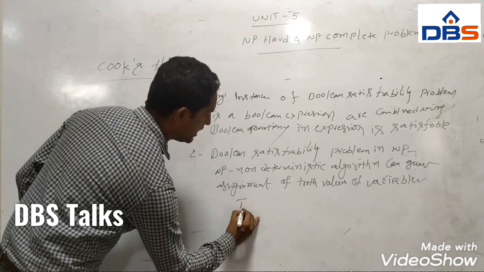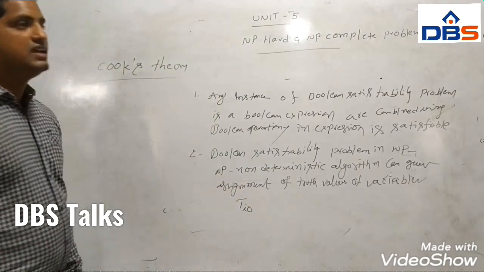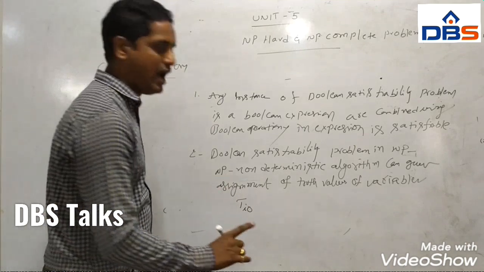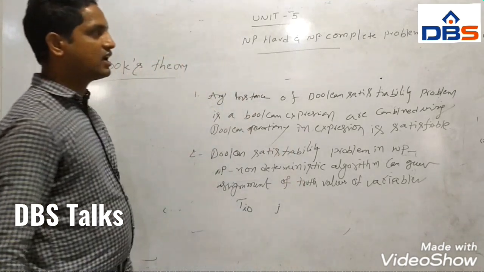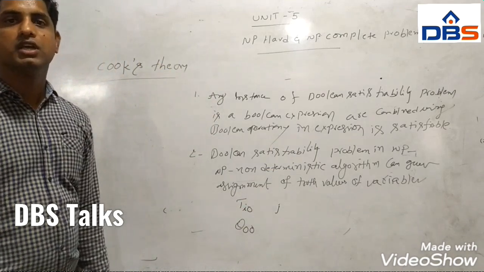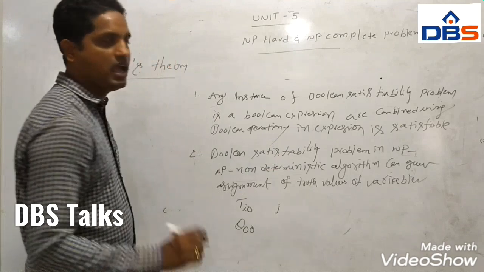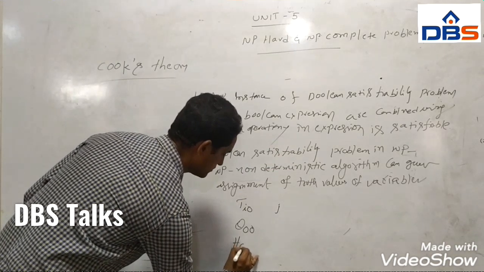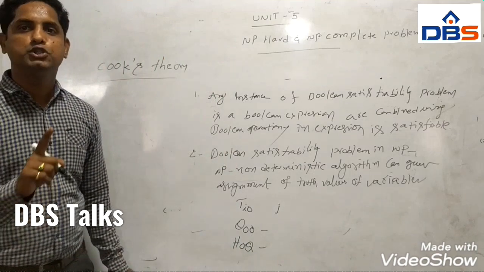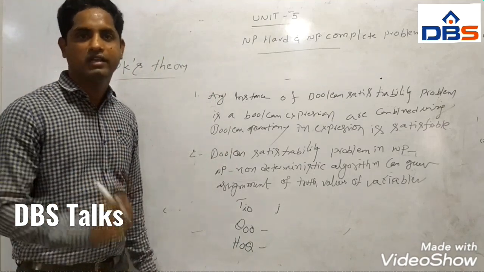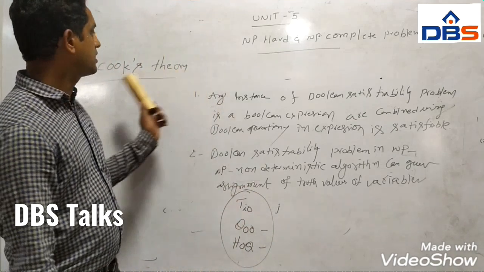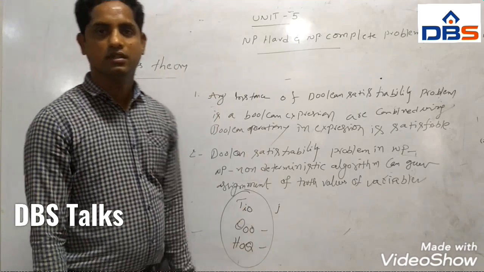The first one is T_ij, that is, cell i of the input tape contains the symbol j. The second one is Q_s0, that is, the initial state. And the third one is H_0, that is, the initial position of the head on the tape. In that way we can define different types of clauses in Cook's theorem. Thank you.